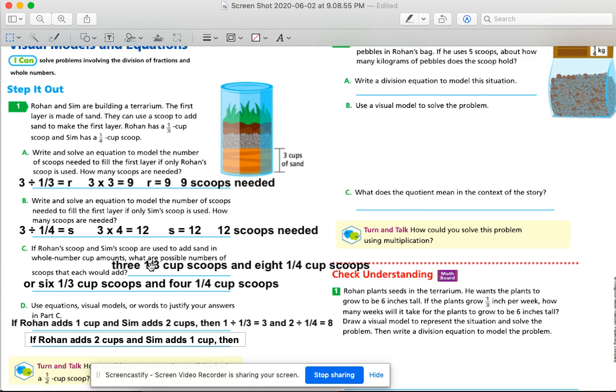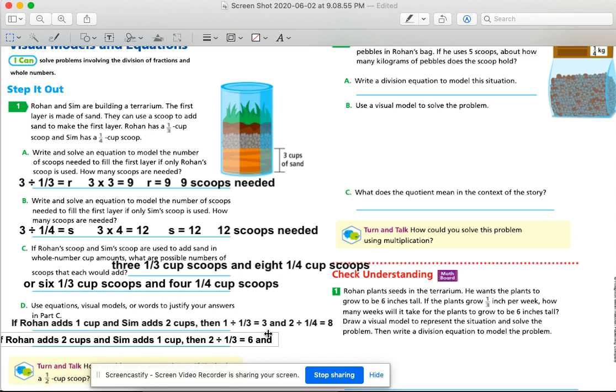Again, I would need 2 cups from Rohan, 2 total cups, divided by the 1/3 that his scooper is. Again, that's like doing 2 times 3. Keep, change, flip. 2 times 3 is 6, which is like we said, we would need 6 1/3 cup scoops.